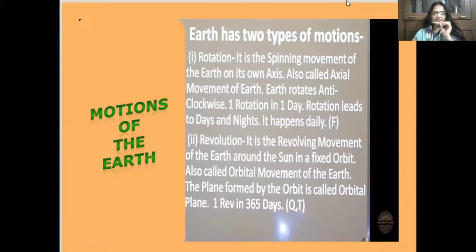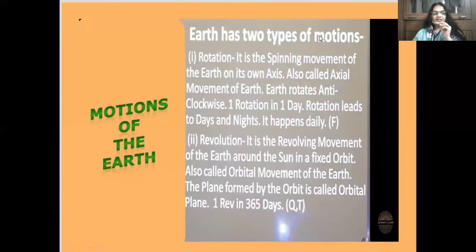Earth rotates anti-clockwise. Rotation leads to day and night, and it happens daily.